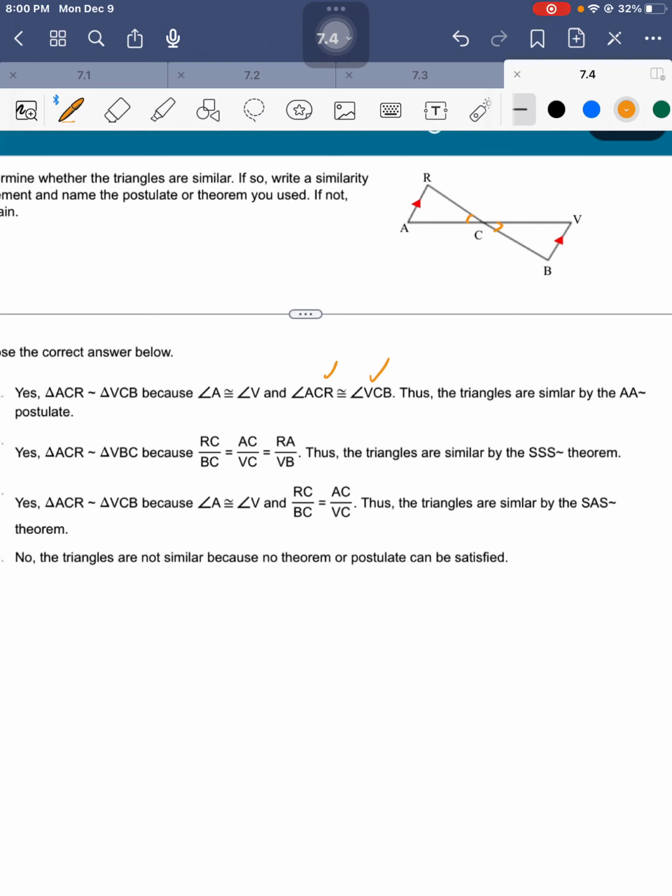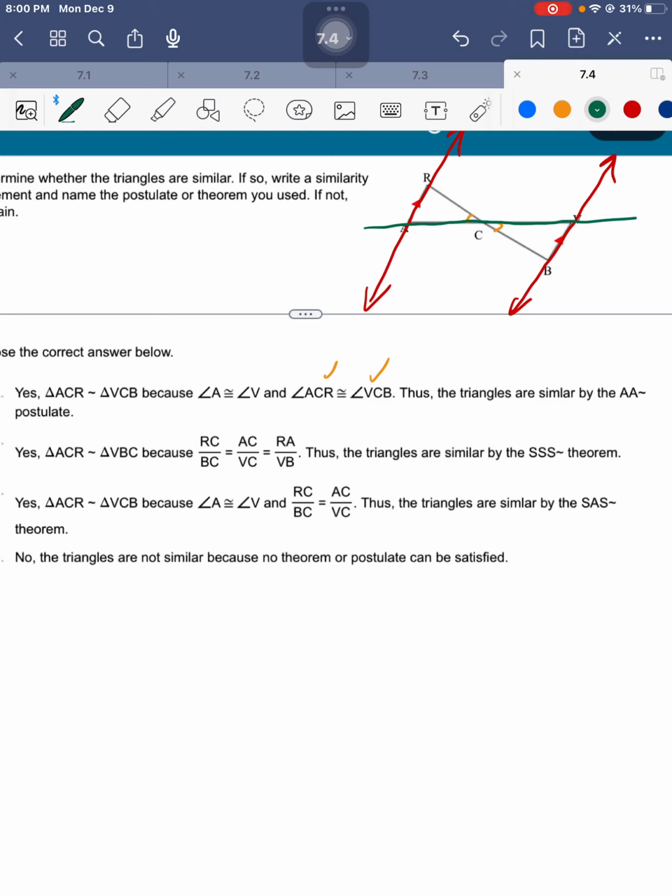So I have that right here. This is good. Is A congruent to V? We don't know that yet. Let's just keep looking, because I'm getting too ahead of myself. Now I have two parallel lines right here.